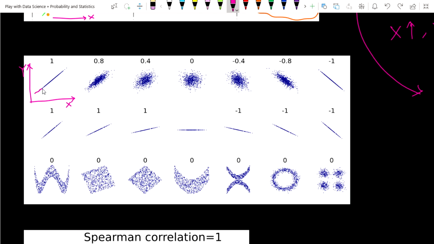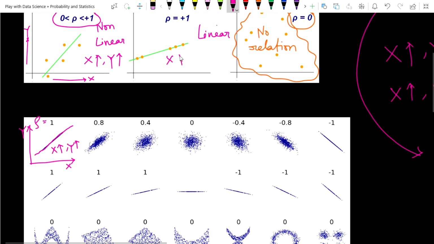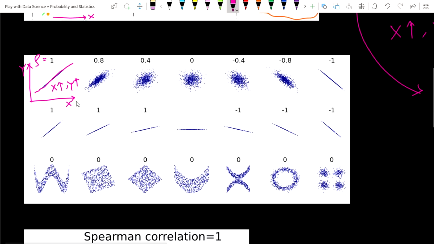This is a linear data set and also lies on a line. Because of that, this rho value is equal to a proper one, because here x increases as well as y increases.